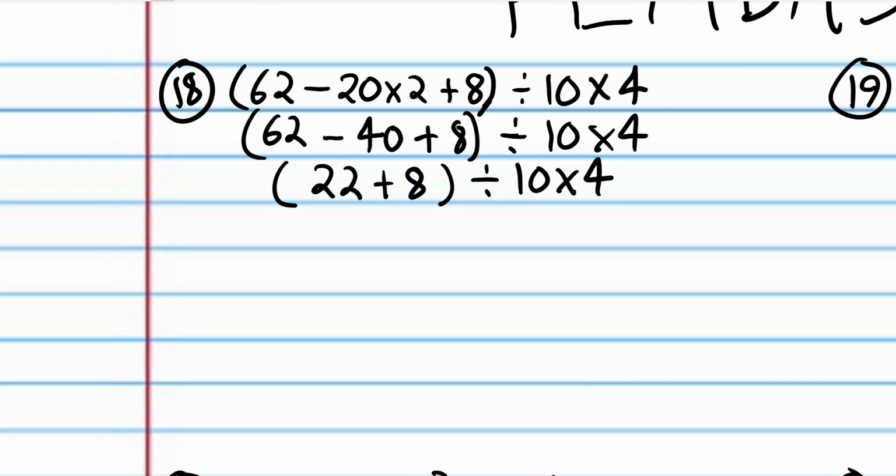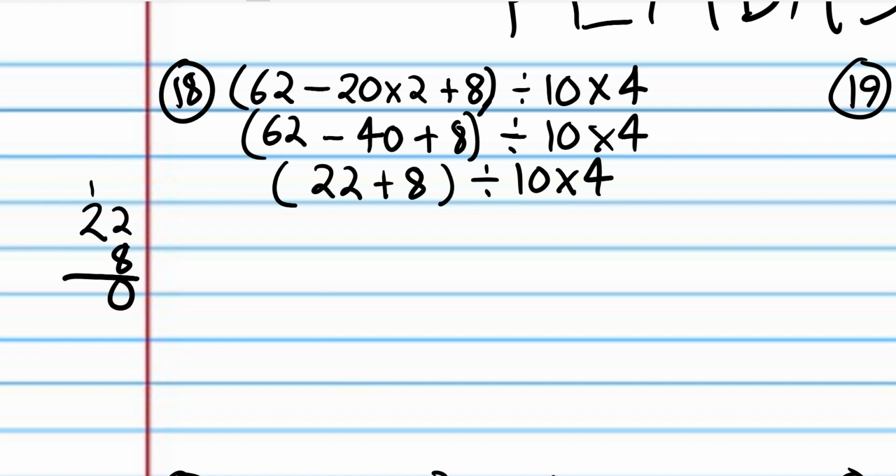I did that in my head, but if you don't want to do that in your head, you can do it off to the side here. 2 minus 0 is 2. 6 minus 4 is 2. But you can probably do that in your head. Now 22 plus 8. 8 plus 2 is 10.